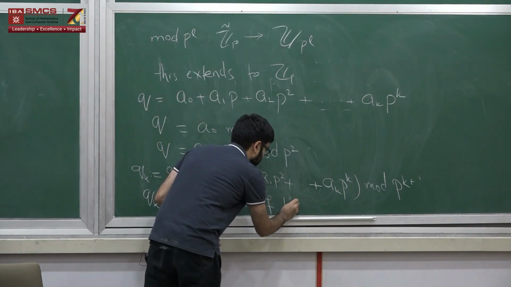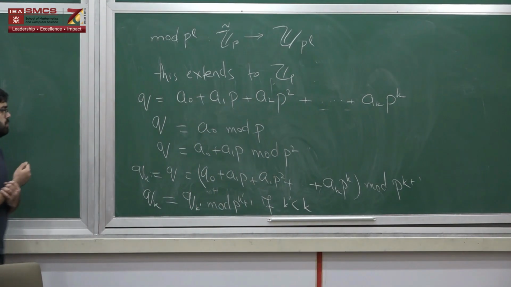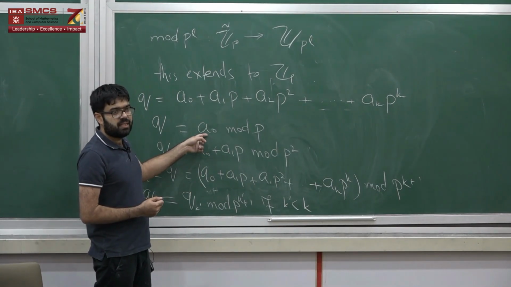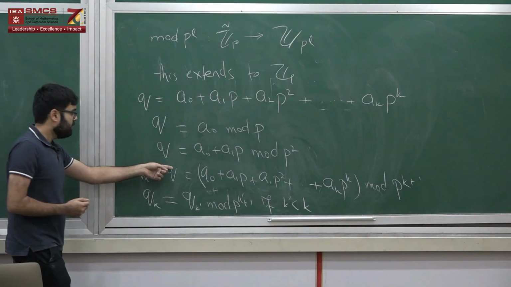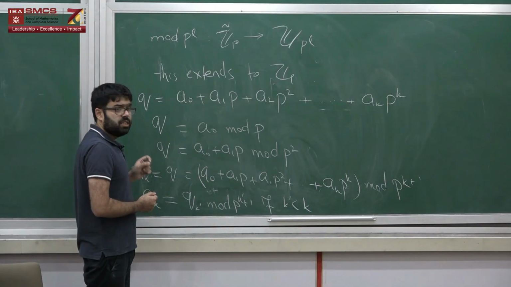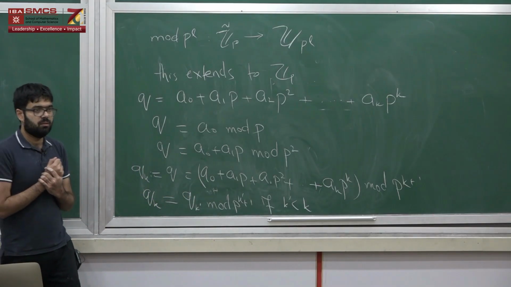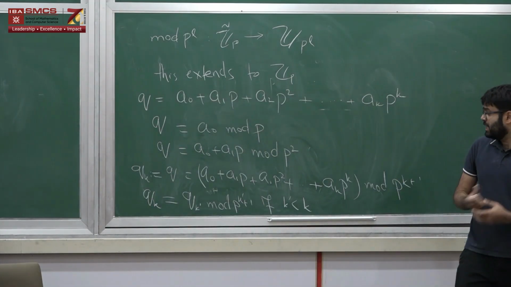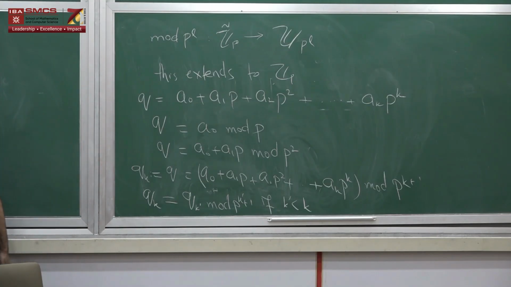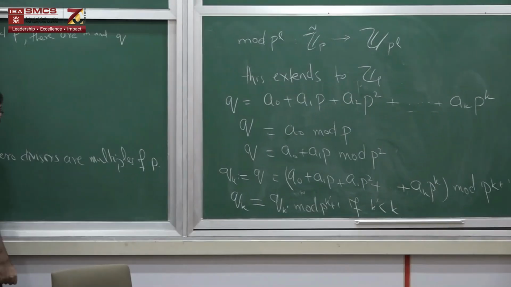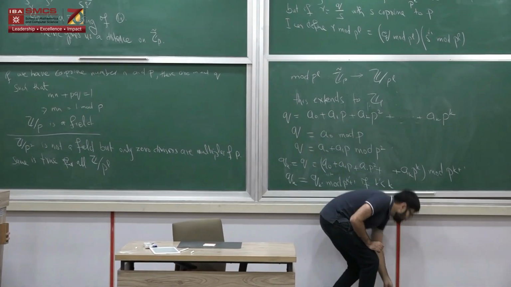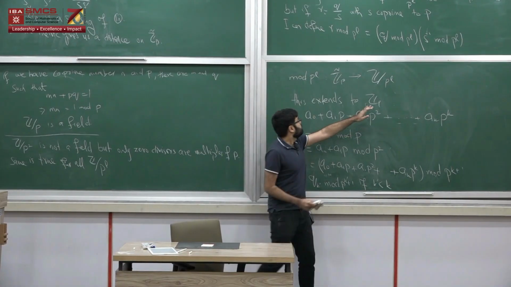I can reduce this mod p, I get a0. Similarly, I can reduce this modulo p^k, and I will get Q(k minus 1). So this gives me another way of describing p-adic integers, or the elements of the set Zp.